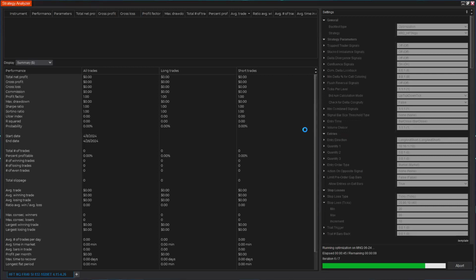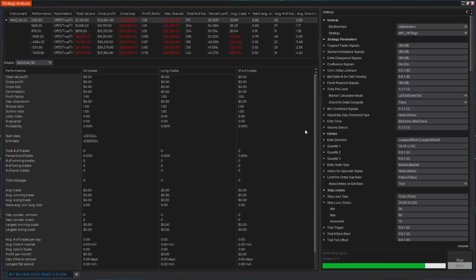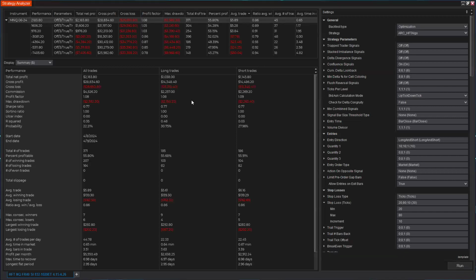One thing I can mention is that the amount of time it takes to do the optimizations will vary by signal. The confluence signal, which you're doing now, is faster than the stacked and balance. Stacked and balance is much more data intensive. It also depends on the instrument, NQ, especially MNQ. People ask why we provide a template for NQ versus MNQ.